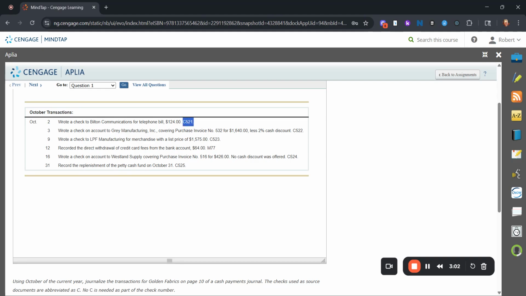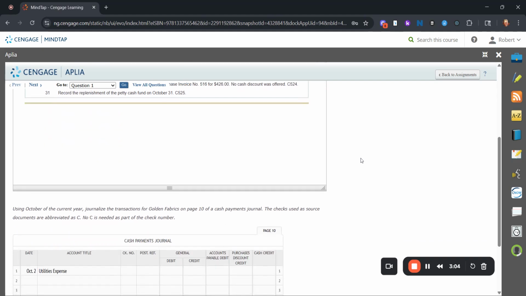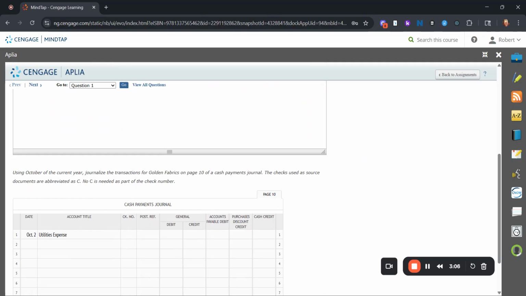Check was check number 521 for our check number. And since the column already indicates check number in the title of the column, we don't need the C to indicate it was paid for by check, because the automatic assumption here is unless otherwise notated, everything was paid for with a check. So all we need is check number 521.